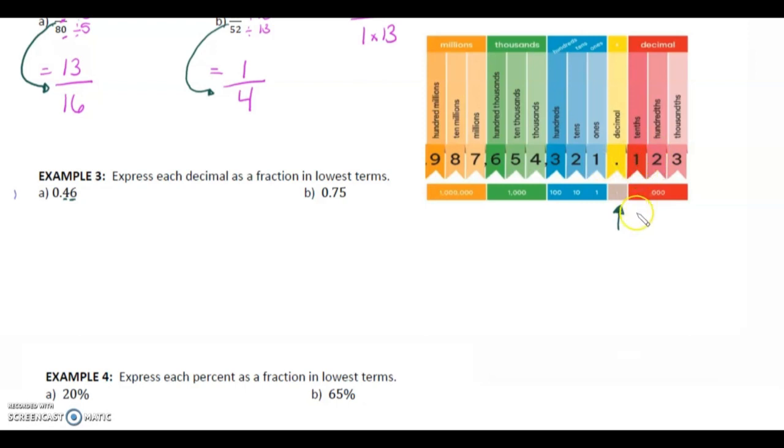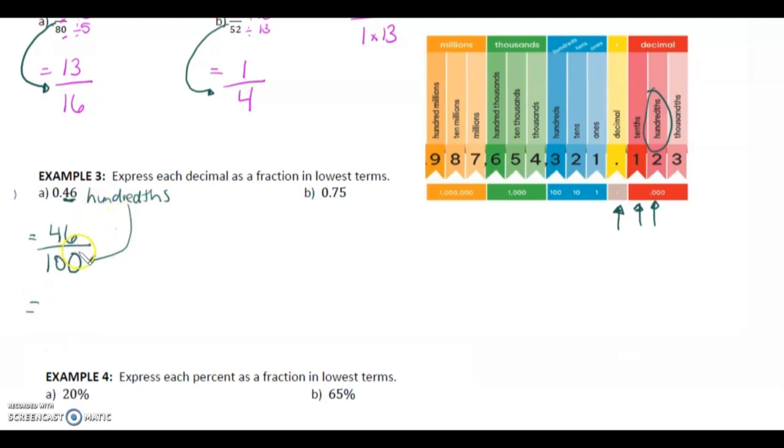So then we're talking about not tenths, but hundredths. So because there are 2 decimals, we can actually convert this to 46 over 100. Because it's just like saying 46 hundredths. So then we're going to put the hundredths on the bottom.